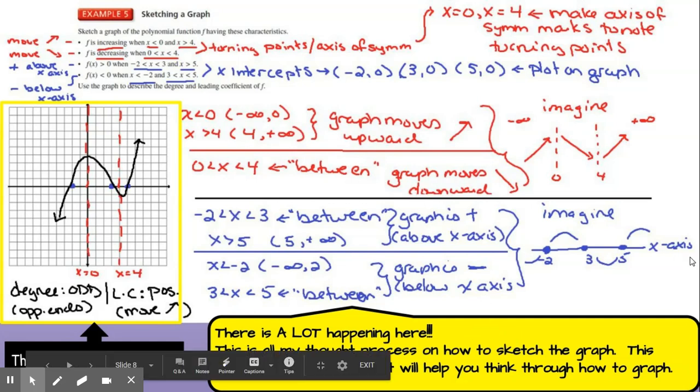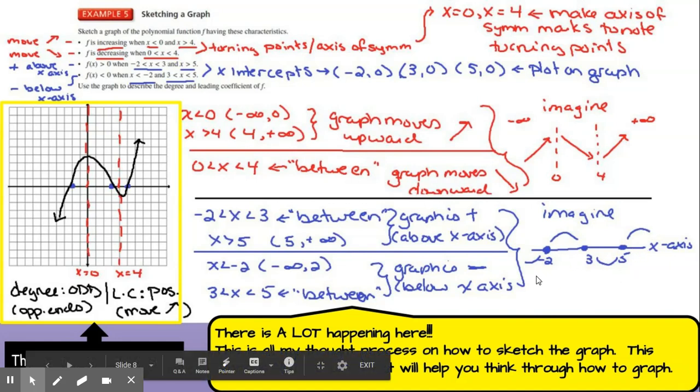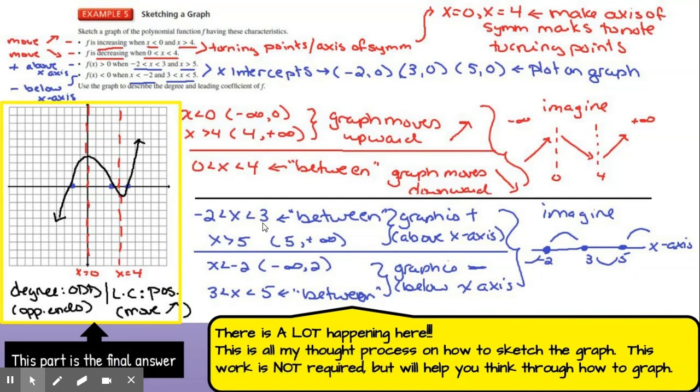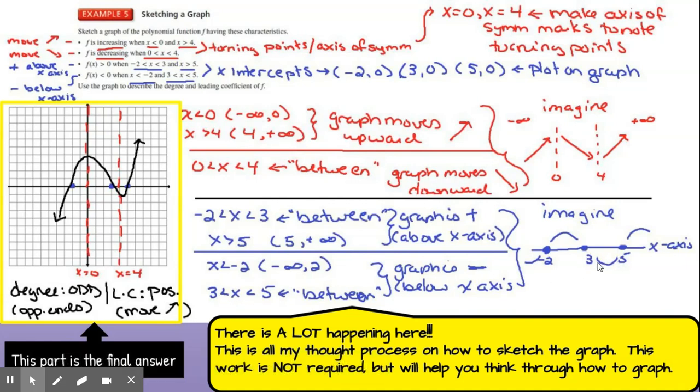So in this part, I'm imagining I have an x-axis, and I have to take note of where all these things are happening. So from negative infinity to -2, I'm negative. I'm underneath it somewhere. Between -2 and 3, I'm above it. Between 3 and 5, I'm below it. So somewhere underneath.